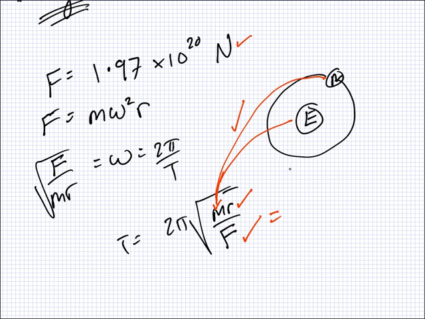Should be a big number. No, 1.97. No. Big number, right?